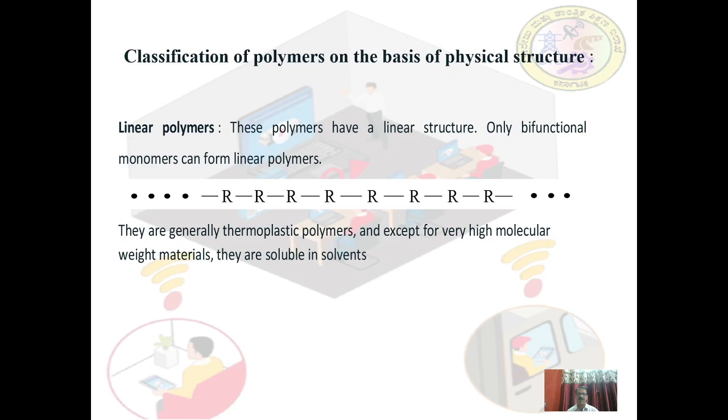The monomers go on adding to the polymer which is formed, and a long chain is formed. They are generally thermoplastic polymers, and except for very high molecular weight materials, they are soluble in solvents. So this is linear polymer.